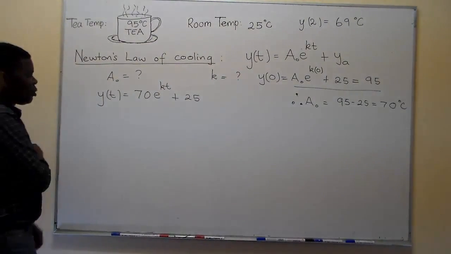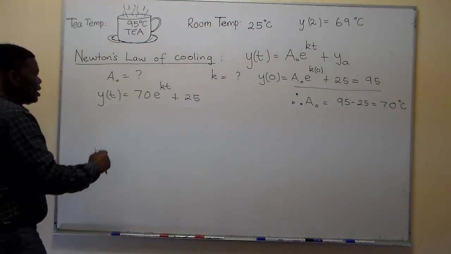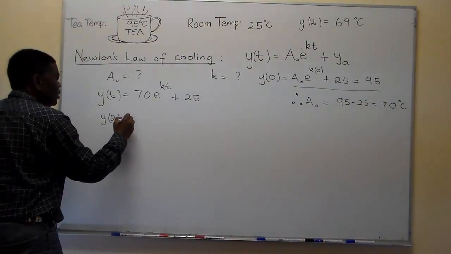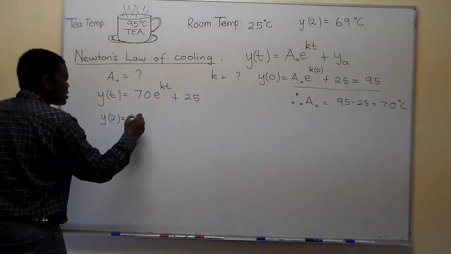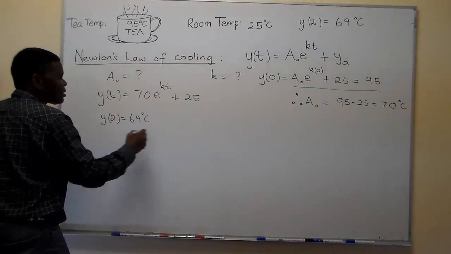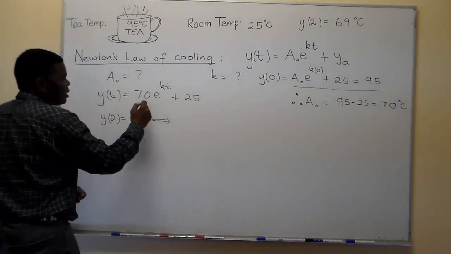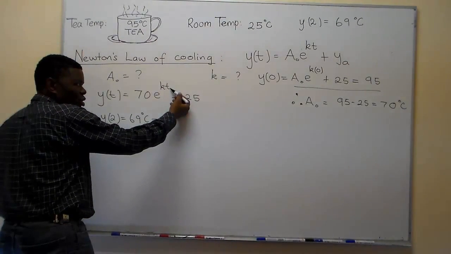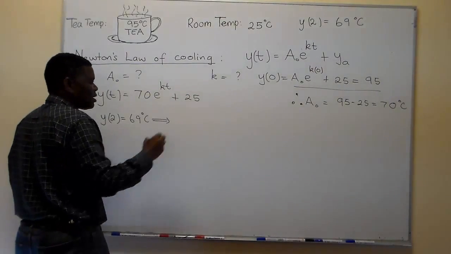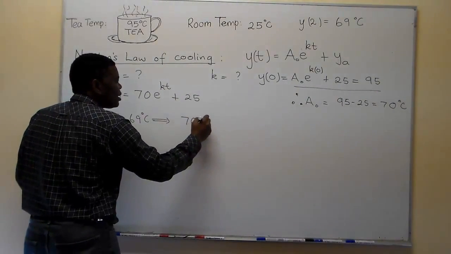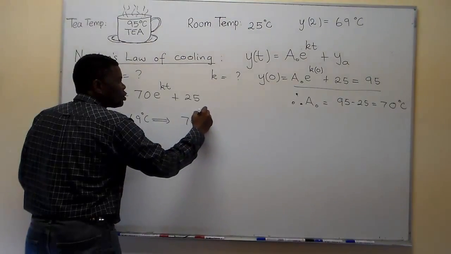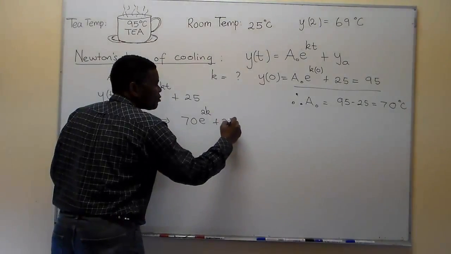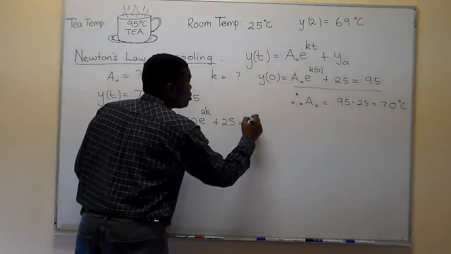So we need to now evaluate this function at 2, and we're told that it is going to be equal to 69 degrees Celsius, which implies that the value of this expression, substituting t by 2, is going to give us 69. So we write here 70 e to the power 2k plus 25, that is equal to 69.